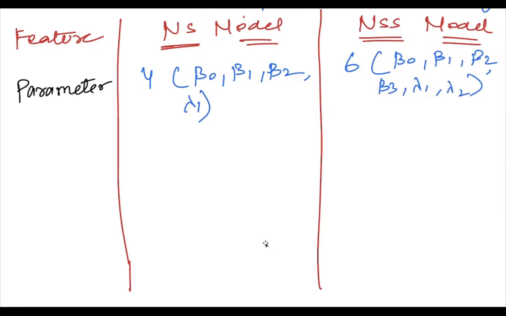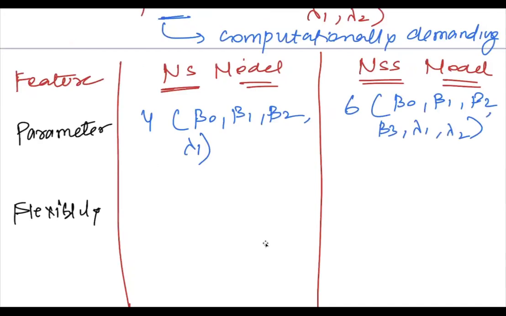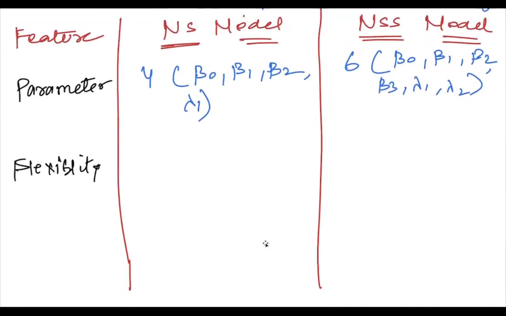Then we have flexibility. The Nelson Siegel model can capture a single hump or dip.